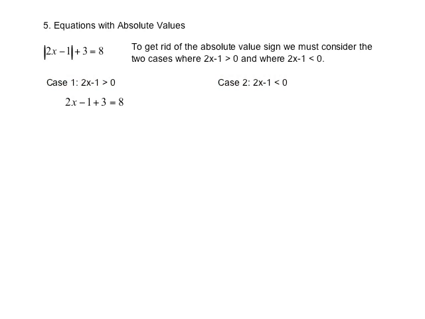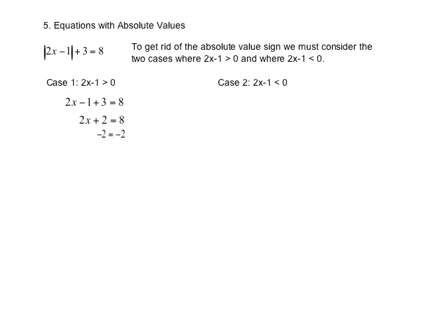So if it's greater than 0, then we can just drop the absolute value signs because whatever's inside is positive, therefore it just comes out positive. So now we have 2x minus 1 plus 3 equals 8. Now what do we do? We collect like terms, so we get 2x plus 2 equals 8.